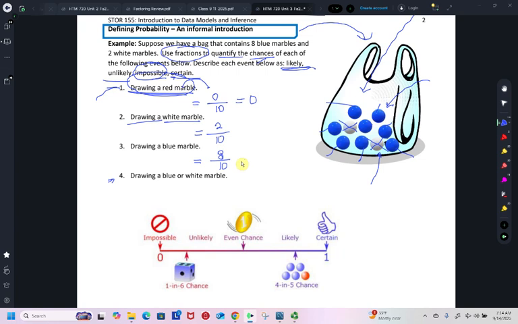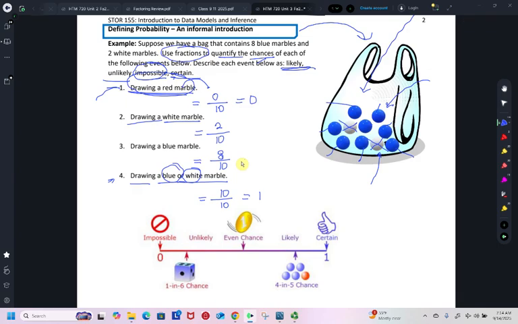Then finally, what are the chances of drawing a blue or maybe a white one? Anyone, acceptable. What do you think? Well, out of 10 marbles, there are 10 chances of drawing either blue or white. Anyone is acceptable. This is same as 1. The point I want to make here is simple.